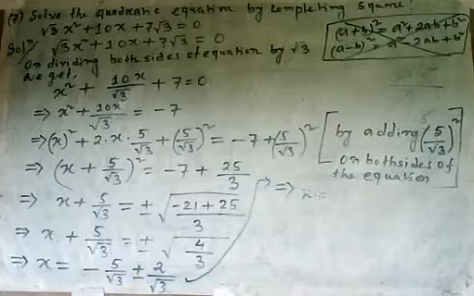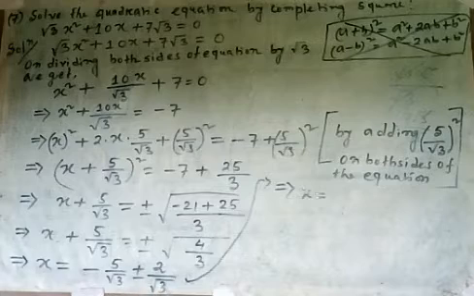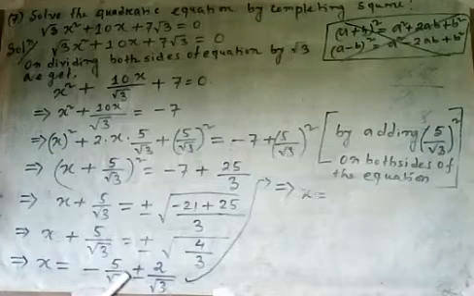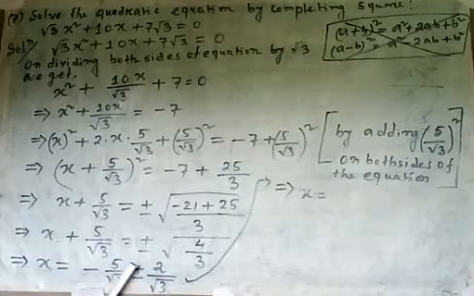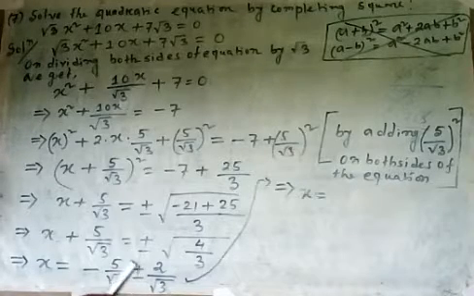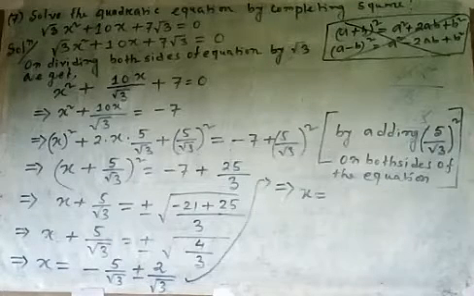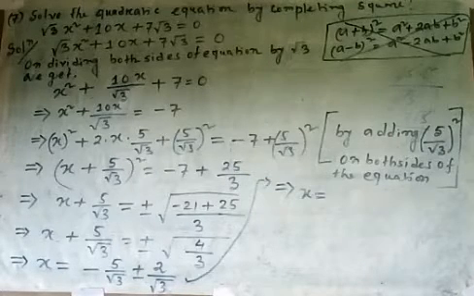How? Look, minus 5 by 3 plus minus 2 by root 3. So once we have to do plus, then again we have to do minus, because there is the plus and minus symbol.